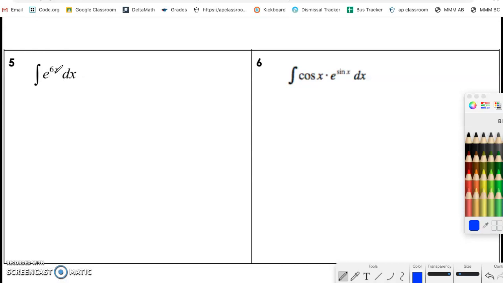All right, this one's pretty quick because we just see it's a coefficient times a variable.